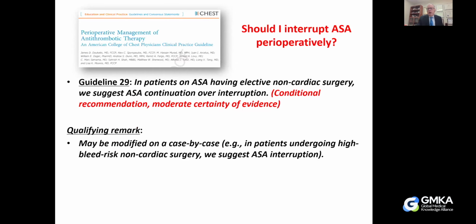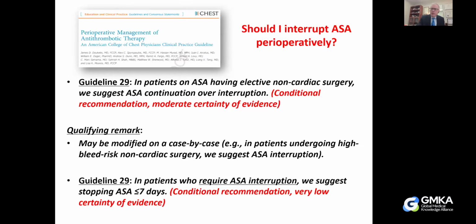And it can be modified on a case-by-case basis, especially in patients having a high bleeding risk surgery. So in general, the default is not to interrupt, but you may want to interrupt in high bleeding risk patients. If you do interrupt, we suggest stopping less than or equal to 7 days before the surgery or procedure.